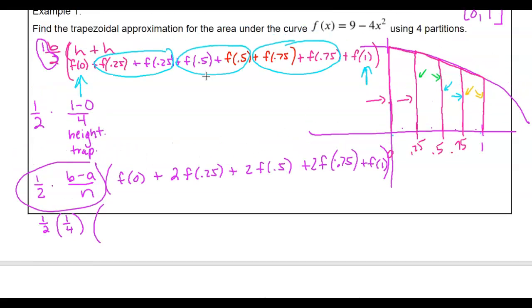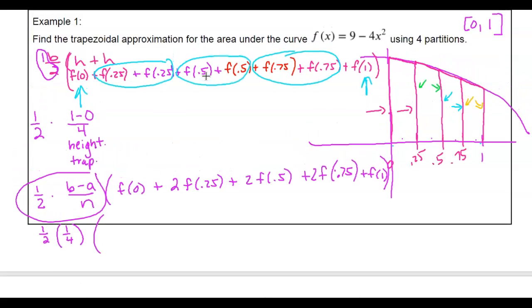If I substitute 0, let's go ahead and plug that back in. And I should have saved my answers from yesterday, but that's okay. F of 0 is 9. 2 times, if I plug in 1/4, so I'll do it right here. So 9 minus 4 times 1/4 squared is 9 minus 4 times 1/16, which is 9 minus 1 over 4th, which is 8 3/4.